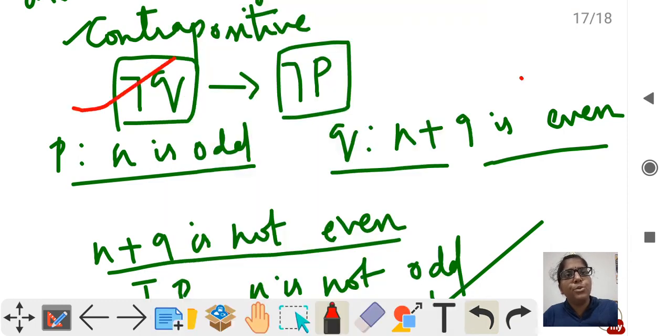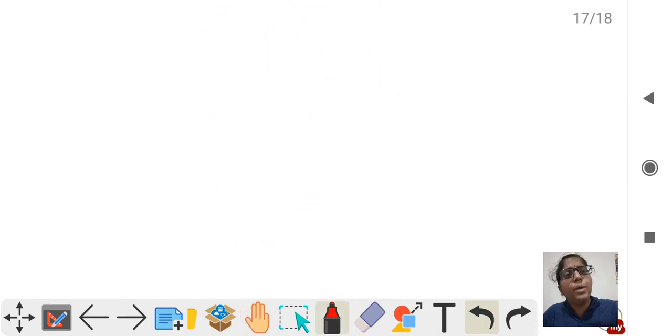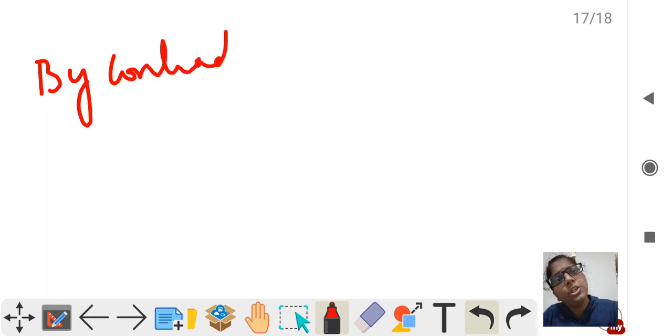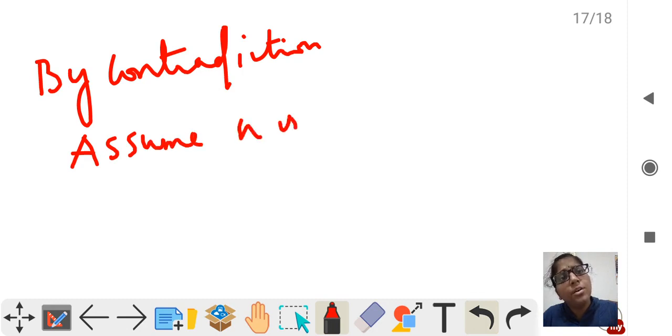We have proved that. And another proof is by contradiction. What is contradiction? We assume that n is odd, which is the given statement.